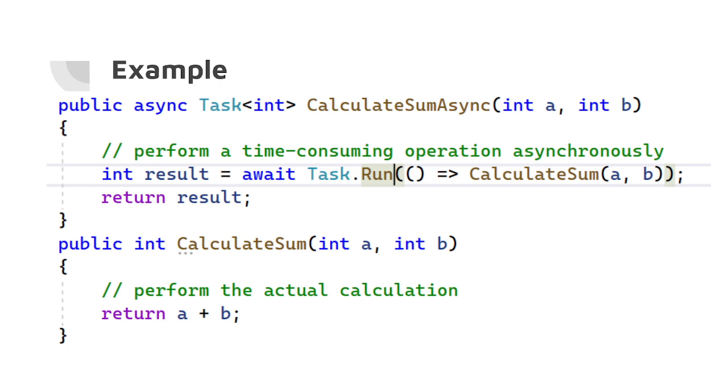This method uses the await keyword to asynchronously wait for the Task.Run method to complete, which performs a time-consuming calculation on a separate thread. When the calculation is completed, the result is returned as a Task of int object.